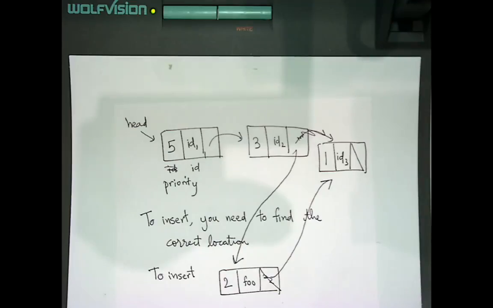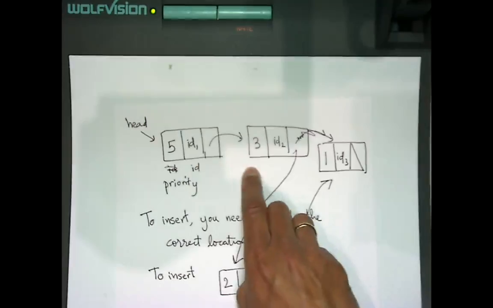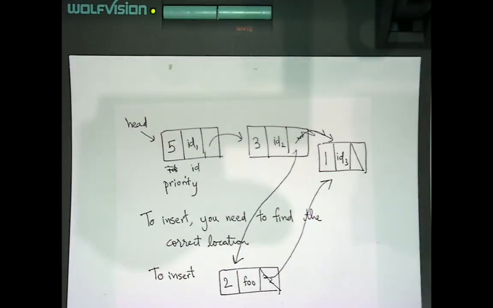It's probably worse. Because now you have to worry about the back pointer of the head, make sure that that thing is null. It probably will increase the complexity of your code. You can do it with a singly linked list. Because remember, when you insert, you start at the beginning and you keep walking until you find the right location.